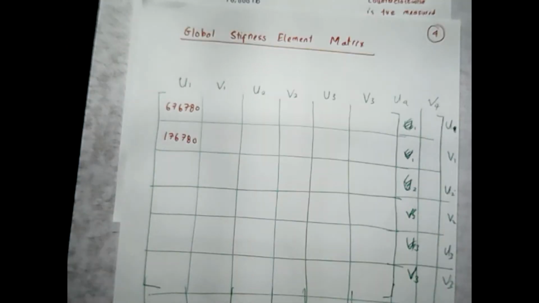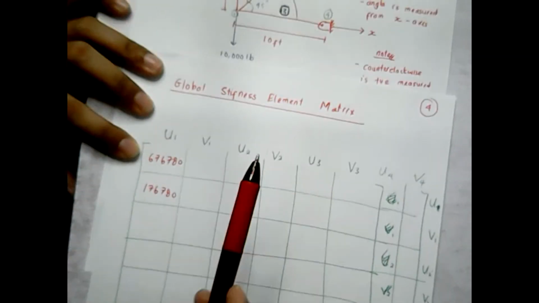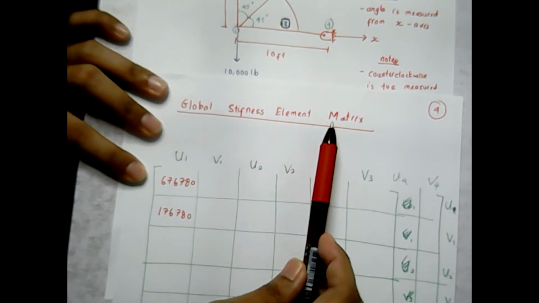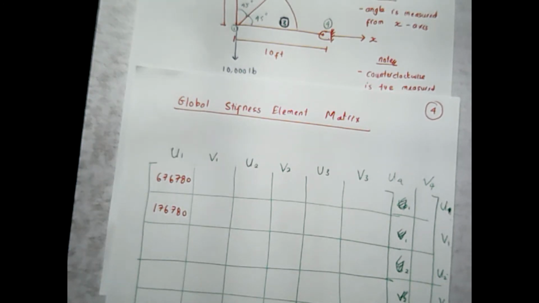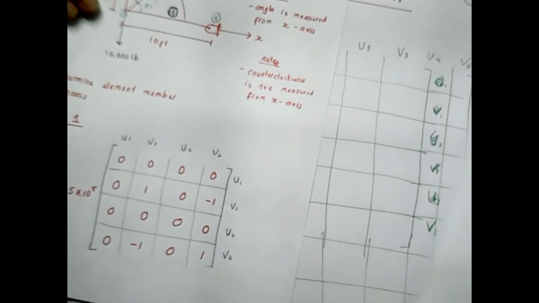Now is the time for you to determine the global stiffness matrix. To determine it, there are 2 ways. The problem with this example is that you don't have a similar factor in all the local element members.